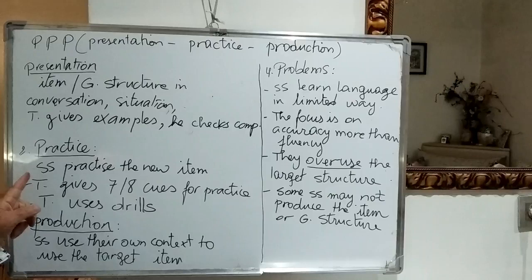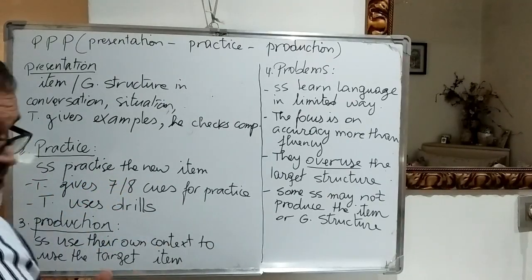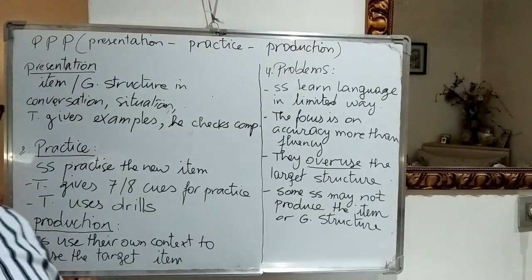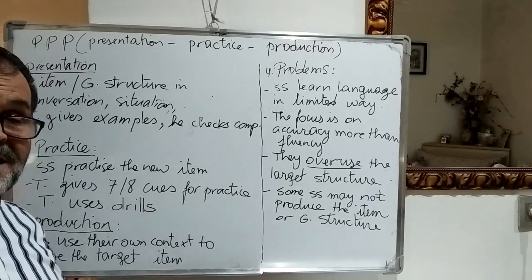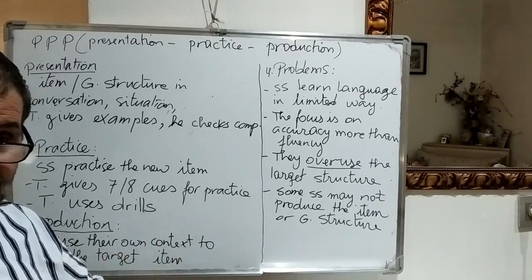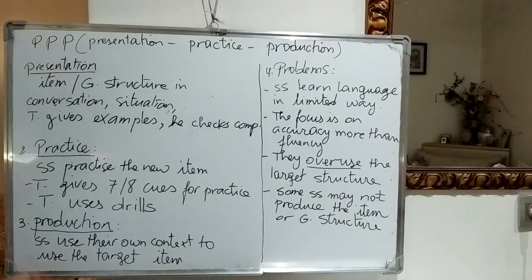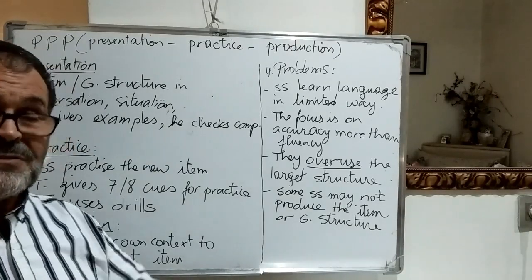In practice, students practice the new item, vocabulary or grammatical structures, and the teacher gives more cues to practice. 7, 8 cues, for example, for students to practice with repetition, with response, and so on. And then the teacher uses drills, substitution drills.